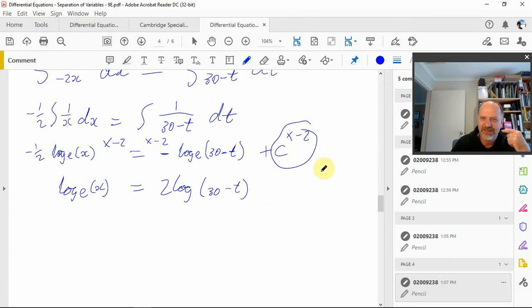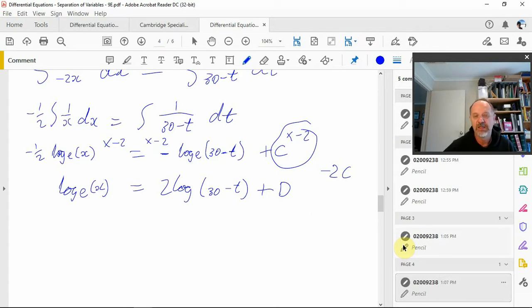When I do that, it's minus 2c, which is just a constant anyway. So it's just a constant. Try and keep things simple. Plus a d. You don't even need to worry about changing the letter of your constant if you want, but plus a d.